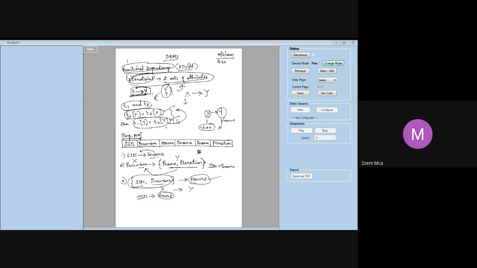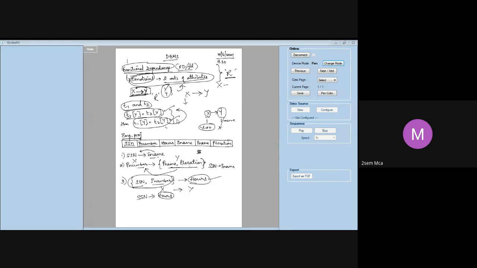Okay, so let me summarize this again. What do we understand by functional dependency? We start with functional dependency. If you look at the definition, it is a constraint which is defined on two sets of attributes of a particular table R. So X and Y here are nothing but two sets of attributes.